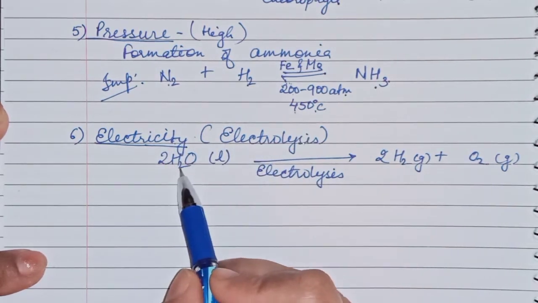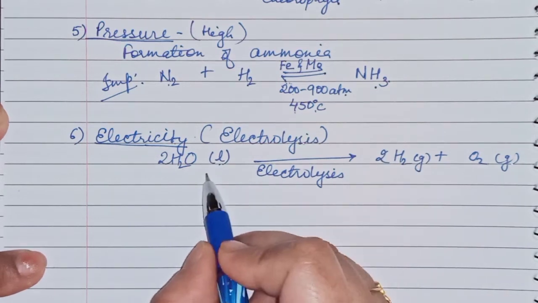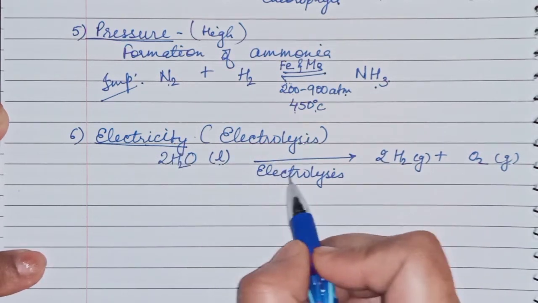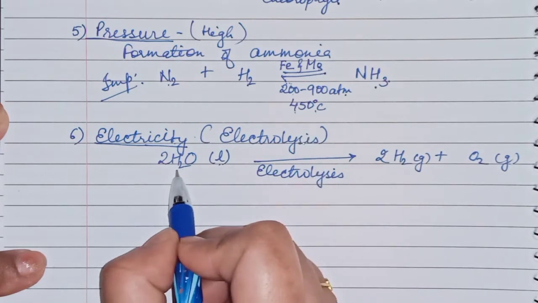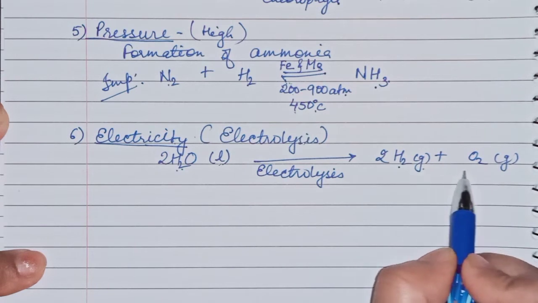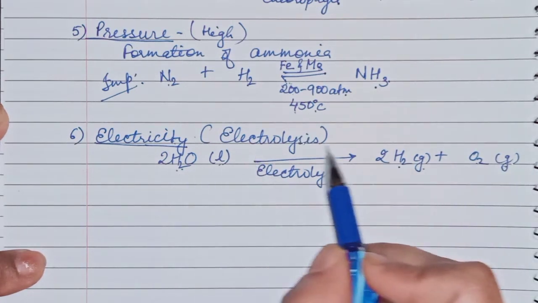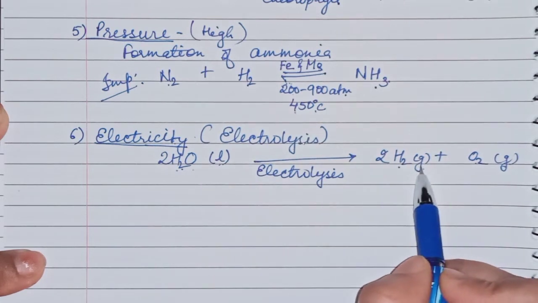See here what is happening. Water is in liquid state. When electric current is passed through it, or electrolysis is done on water, water breaks down into hydrogen gas and oxygen gas. So you can see that the property of the water has changed totally.